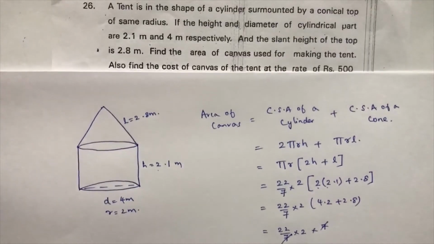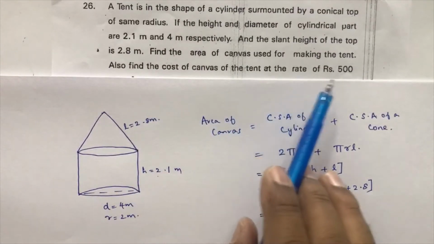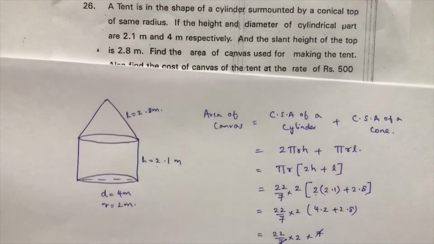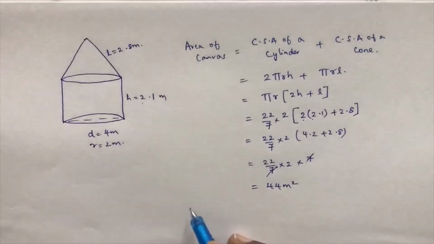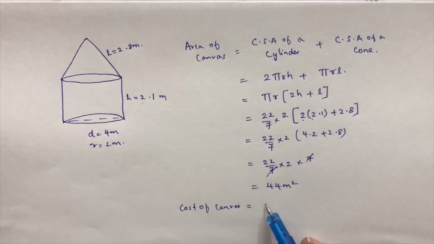At the end, they're asking to also find the cost of canvas of the tent at the rate of 500 rupees per meter square. To calculate the cost of canvas, it will be 44 into 500.